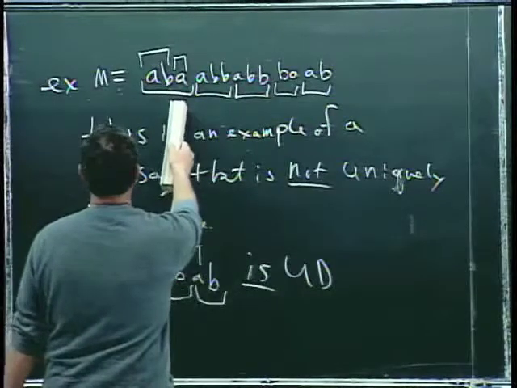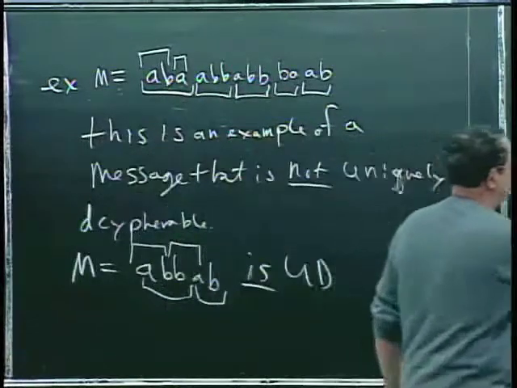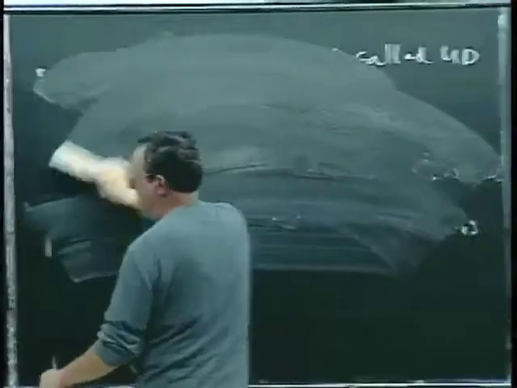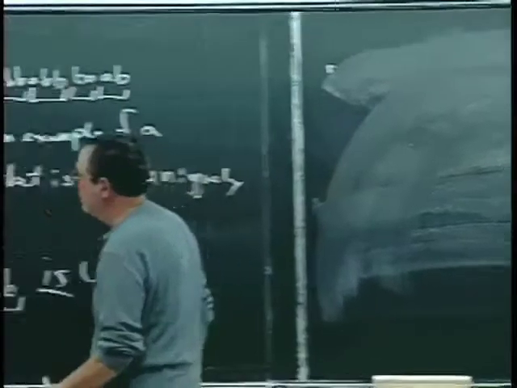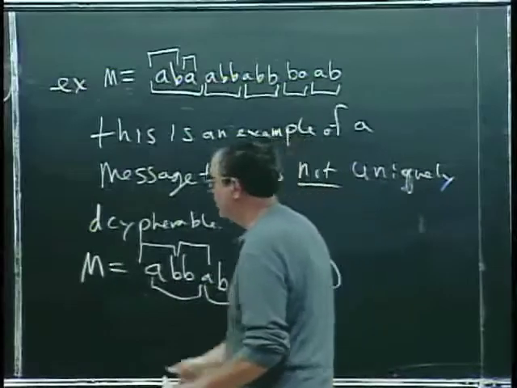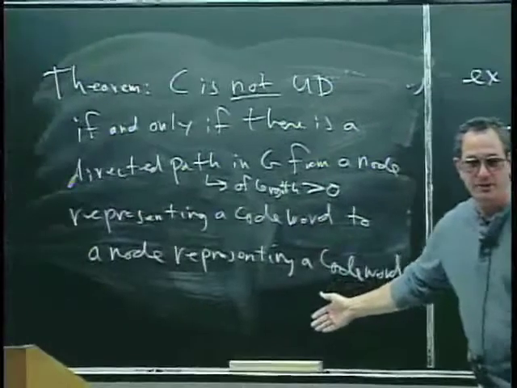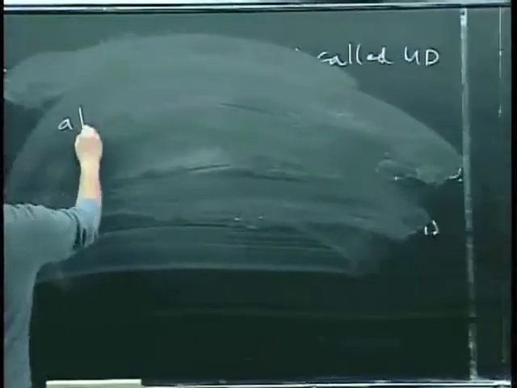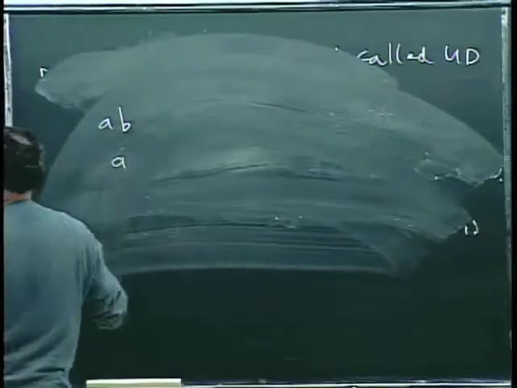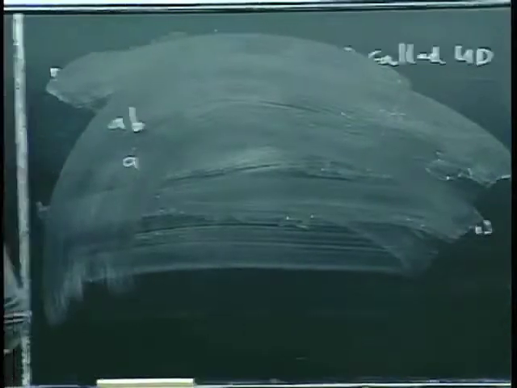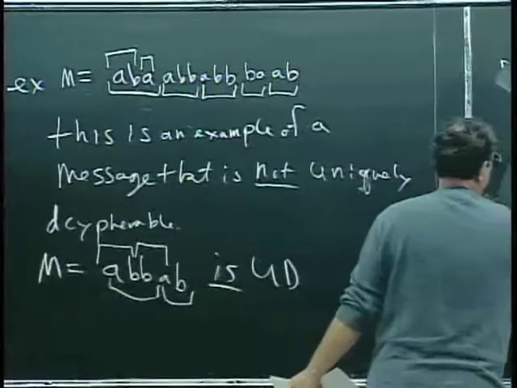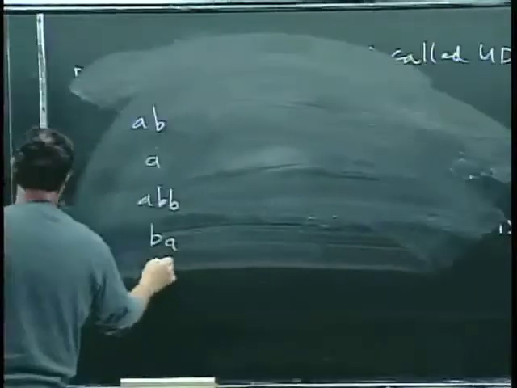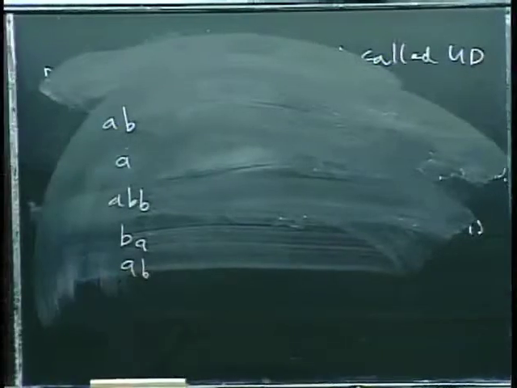Let's look at one that we know is not uniquely decipherable and see how it has a cycle. Or actually, that one. This is so trivial. ABA. I erased that code already that was used here, but it had definitely an AB in it, and it had an A in it, and we can see it right here. And it had an ABB, and it had a BA and an AB.